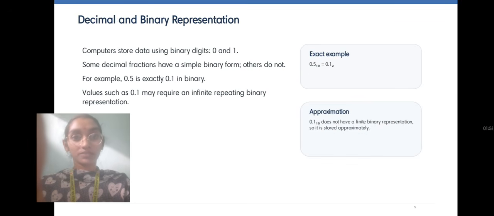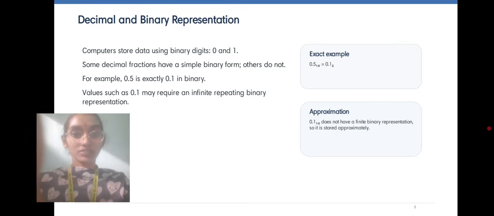Decimal and binary representation. Computers store data using binary digits 0 and 1. Some decimal fractions have a simple binary form, others do not. For example, 0.5 is exactly 0.1 in binary.